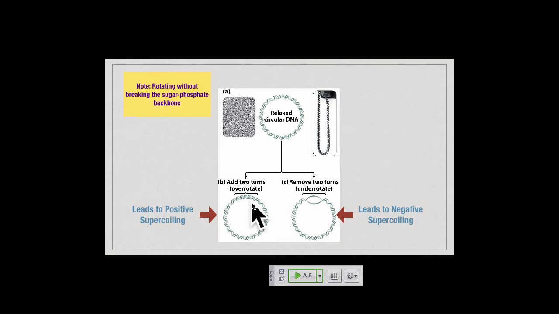So this is now over-rotated, and it's going to cause positive supercoils. This one is under-rotated, so now you've turned the helix back in the opposite direction. You have fewer than 10 base pairs per turn. But what do you notice about it?